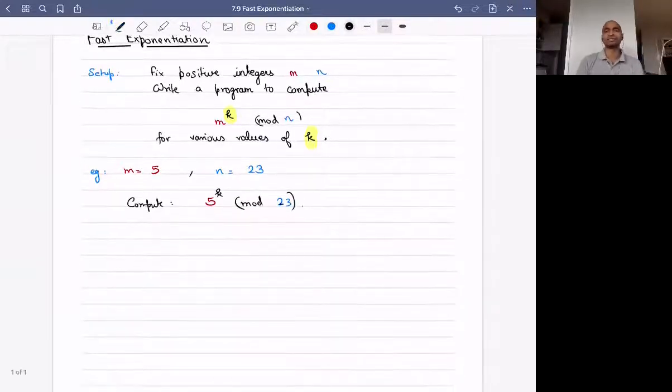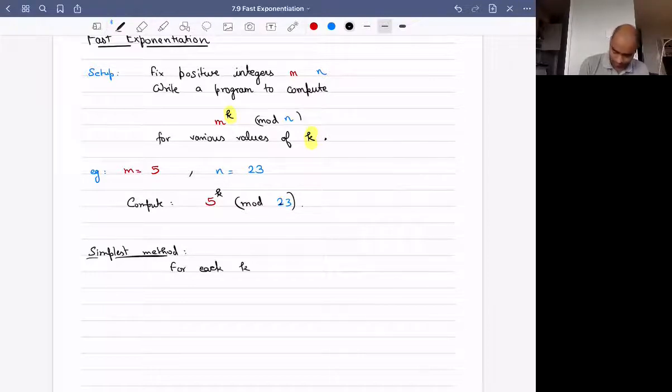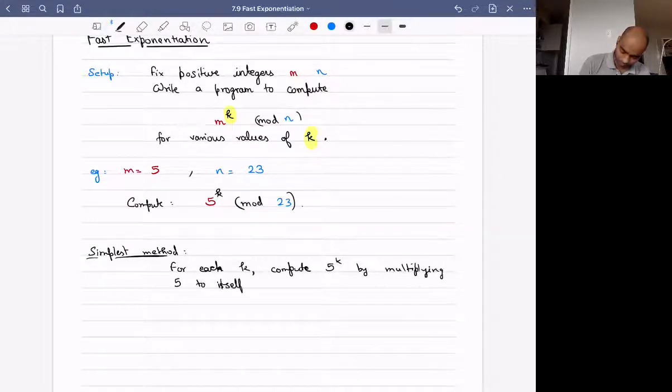So now the simplest algorithm, but the slowest, is to just do it by hand. Right, just use the definition and multiply 5 by itself k number of times.